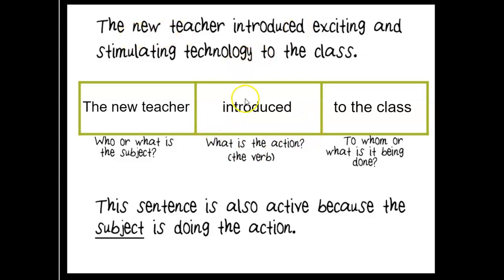Introducing new technology. So then we have to ask ourselves, who is introducing it? Is the teacher introducing the technology, or is the class introducing the technology? The correct answer is the teacher is the one that's introducing the new technology. Since teacher is before the verb, introduced, then this sentence is written in active voice. The subject is performing the action.